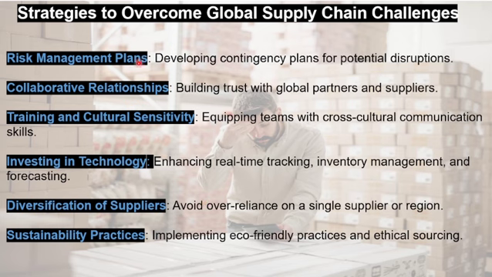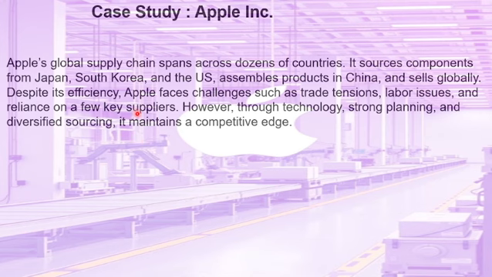So these are all strategies of global supply chain management. This is the last slide, which is the case study of Apple Incorporation. Apple's global supply chain spans dozens of countries. It sources components from Japan, Korea, and the US, assembles products in China, and sells globally.